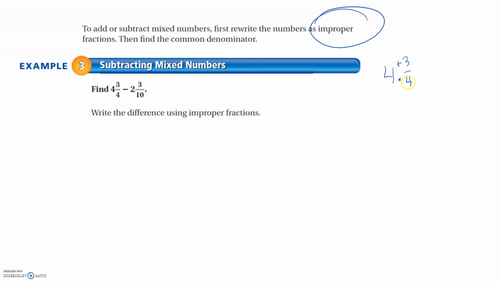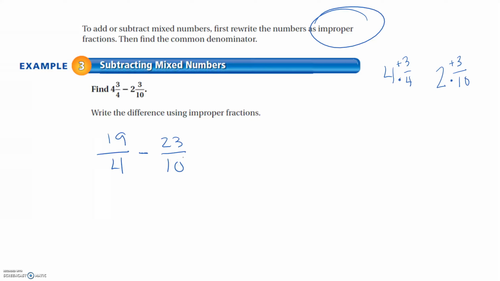So I have 4 times 4, which is 16. 16 plus 3 is 19. So I'm going to have 19 over 4. Now if I have 2 3/10, I'm going to have 2 times 10 plus 3. 2 times 10 is 20 plus 3 is 23. So now I have 23 over 10.